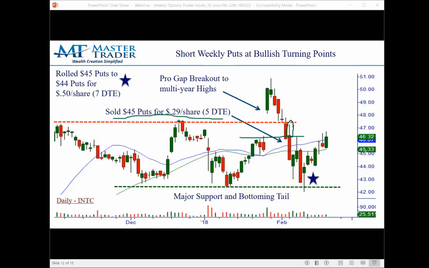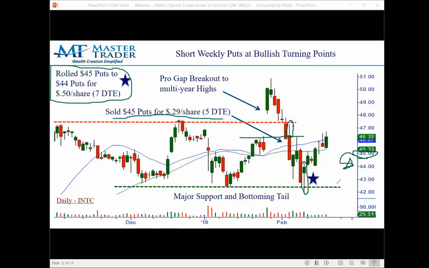And we sold the $45 puts, which is right here, this number. So a couple days later, once I had this nice bottoming tail, here's what we did. We rolled those $45 puts down to the $44 puts. When you roll them, we rolled this, what's referred to as down in price and out in time.